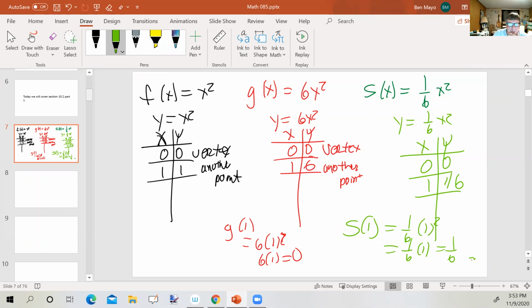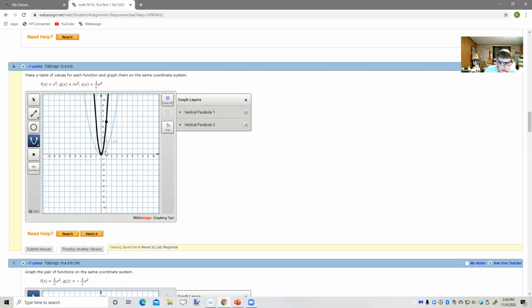Now things are going to get a little trickier, but we can deal with this. So I've got 0, 0, and then 1, 1/6. Well, I have no idea where that is, and I'm just going to plot it right there. Okay. Now I plotted a straight line, but what I can do, I can go over here. This is parabola number 3.